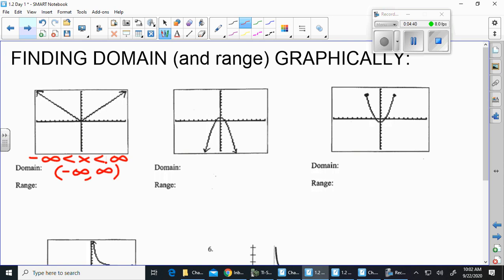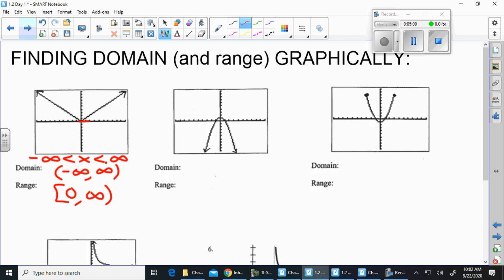All your x's are used. Your range, what you think low to high. Your lowest y was 0 to infinity. So that was our domain and range.